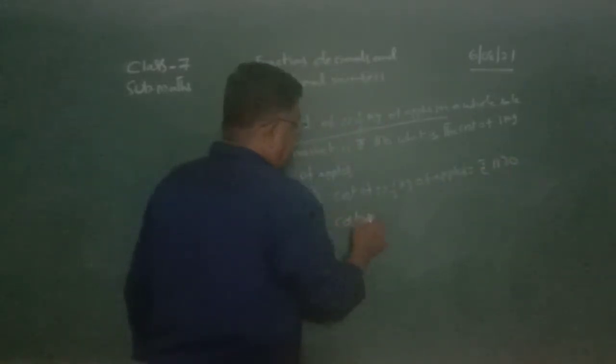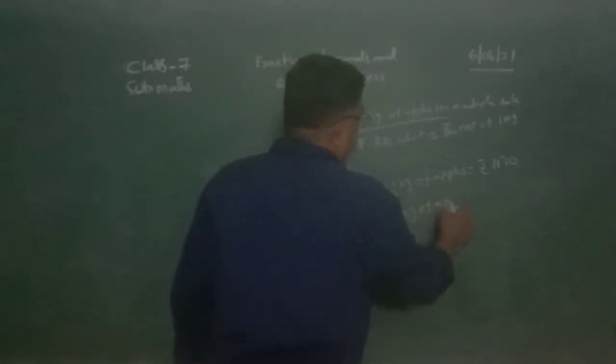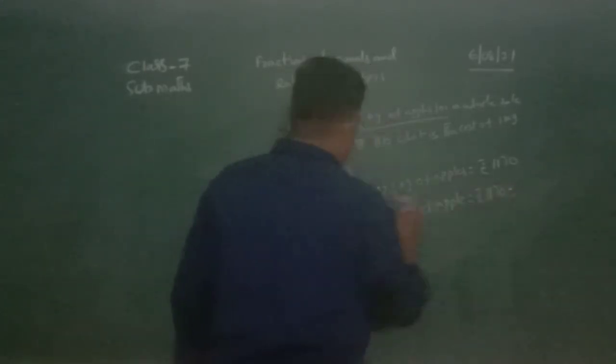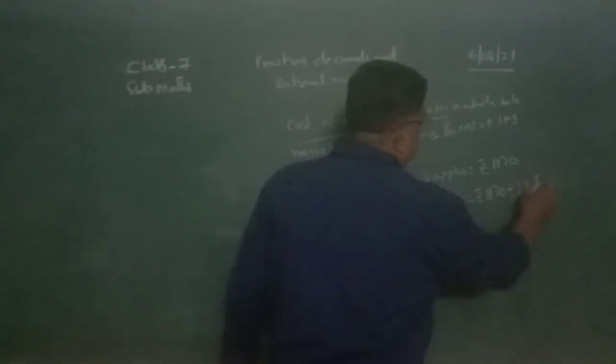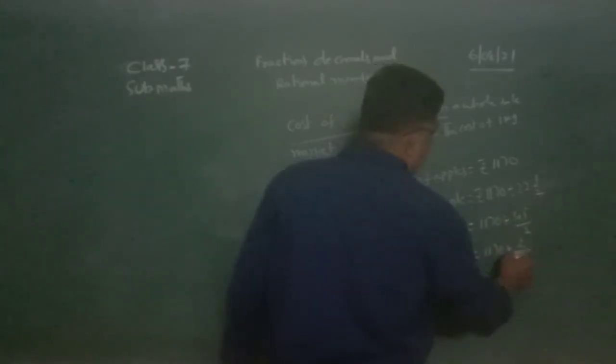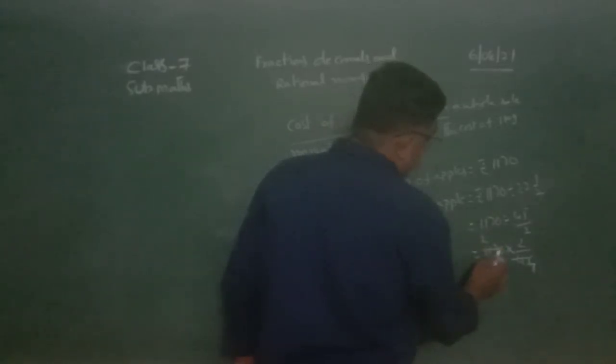Cost of 1 kg of apple is equal to rupees 1170 divided by 22.5, is equal to 1170 divided by 45 by 2, is equal to 1170 into 2 by 45. 5 table, 5 nines 45, 5 twos 10, remainder 1, 17, 5 threes 15, remainder 2, 5 fours 20.